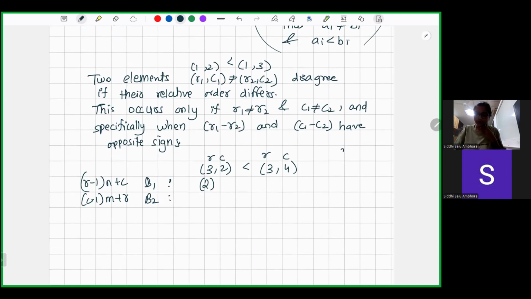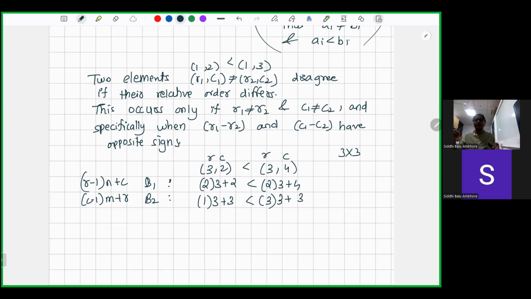Suppose I am talking about 3 cross 3 matrices, it does not matter. So 2 into 3 plus c, which is 2, gives 8. And this one is again c minus 1, c is 2, so 1 into m, that is 3, plus r, which was 3. This will still be less than the other one: c minus 1 is 3 here, then m is 3 and r is 3 as it is.